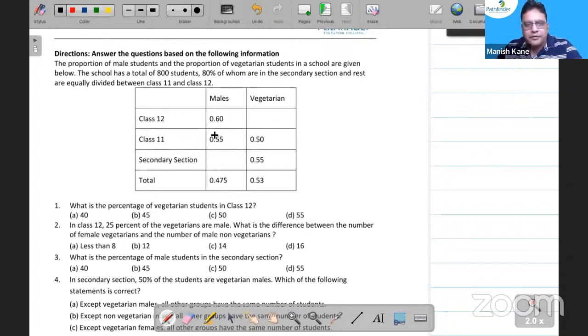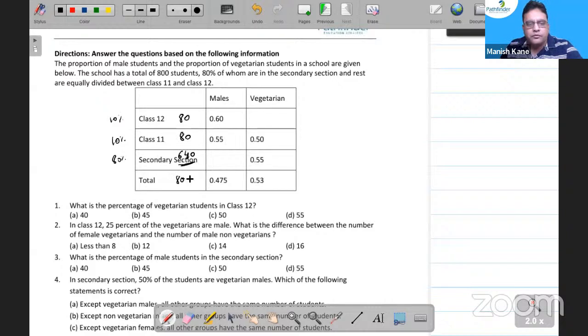So we have class 12, which has 10% of the students, and here we have 80% of the students. So how many students are there in class 12? 10% of 800 is 80. Again, 80 here, and 80% of 800 is 640.